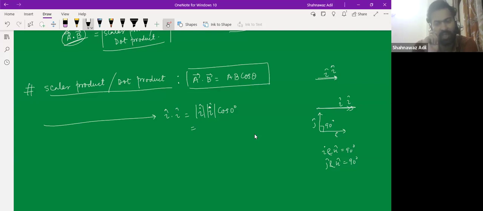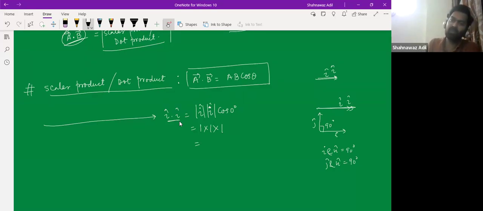Unit vectors means that their magnitude was 1. So its magnitude is 1, and cos 0 is 1. So I hat is the unit vector in the X direction.